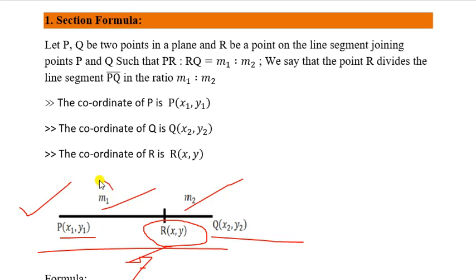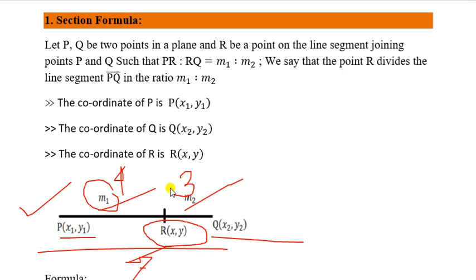Then M1 can be 4 and M2 can be 3, just for example, 4 is to 3. So R divides this line segment into M1 is to M2 in this ratio.